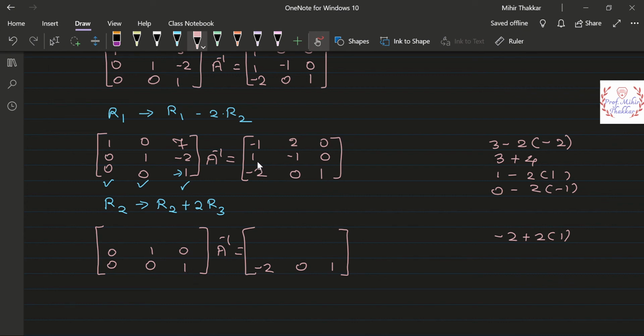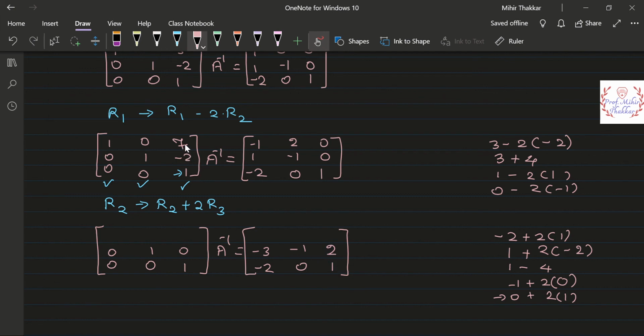On the right hand side, guys, it will be 1 plus 2 into negative 2, 1 minus 4, negative 3. Then the next element, minus 1 plus 2 into 0, and minus 1 plus 0 is minus 1. And the third element over there is 0 plus 2 into 1, and 2 into 1 is 2, so I get this is 2.